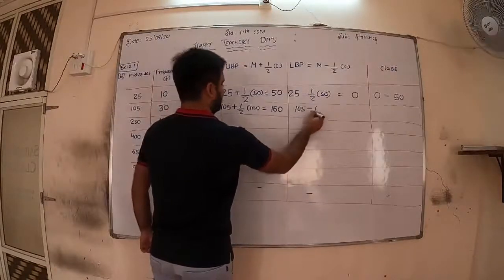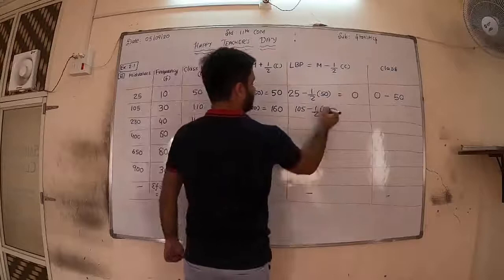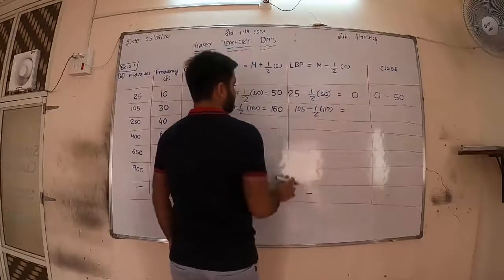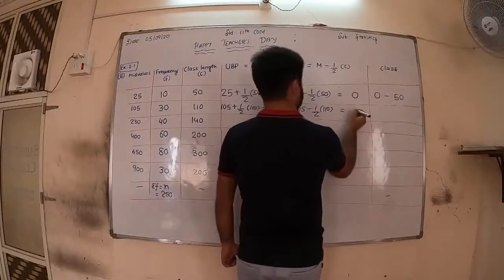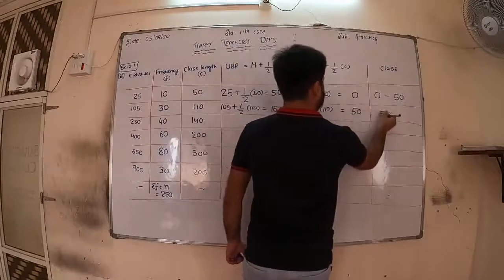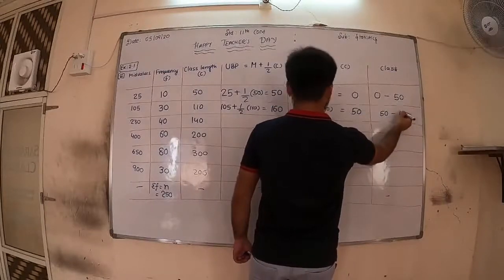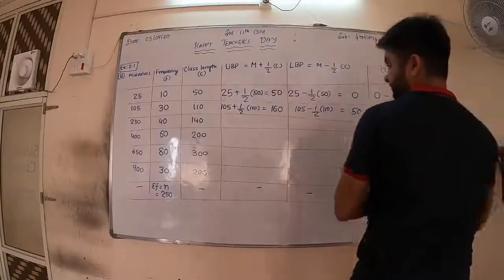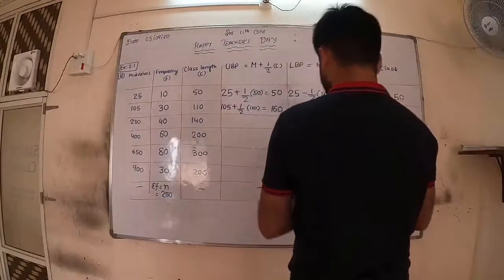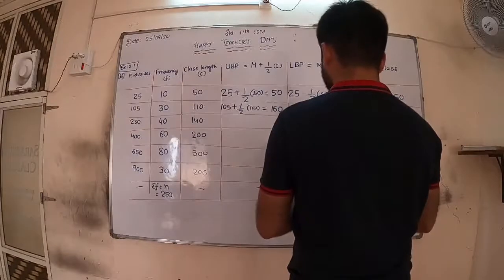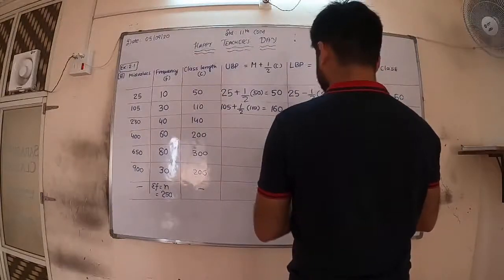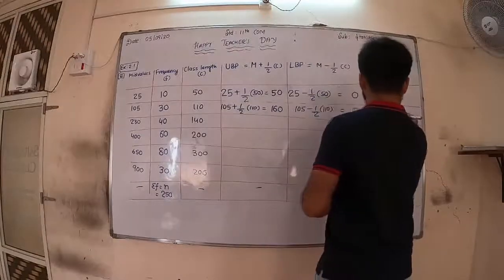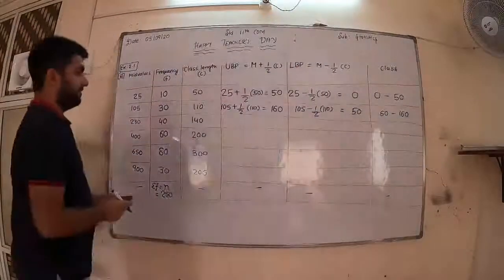Now 105 minus 1 by 2 into 110: 105 minus 55 is 50. So the class will be 50 to 160.